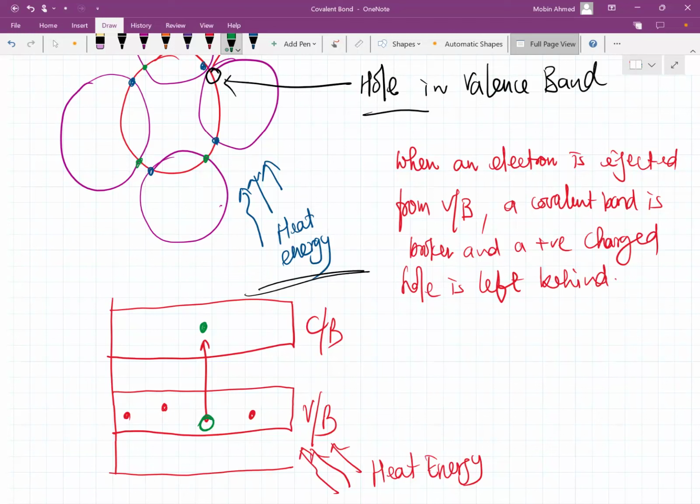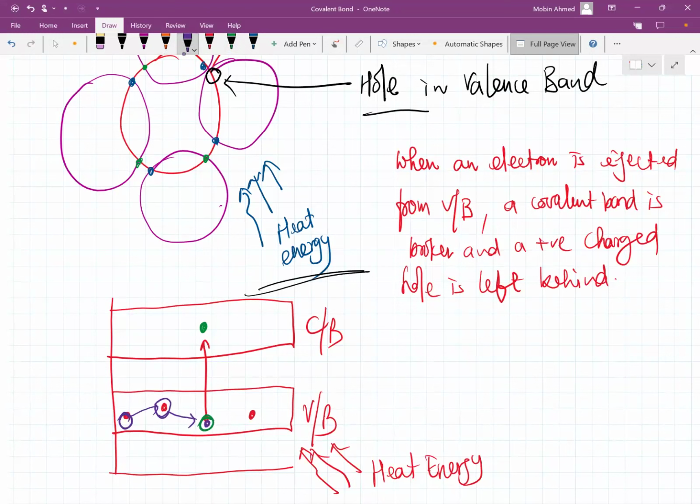Now this hole keeps on shifting. Again, remember, this hole will keep on shifting. How is it shifting? These electrons will come and acquire this position, then it is going to create a hole here. These electrons will move and acquire here, and it is going to create a hole here.